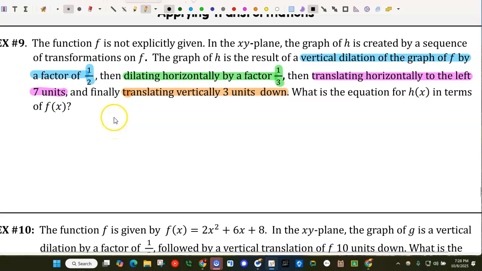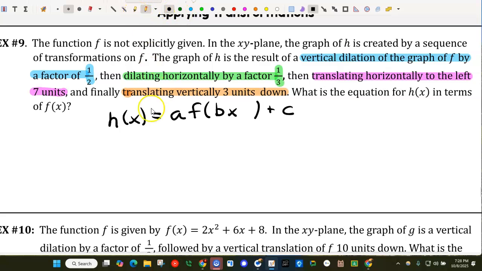So we have this h of x. That's what we're working with. And like that first problem, we had a and we had f of x. I think we had a b here, right? X. And then we had a c on the outside. So we had 3 things to find on the first one, but let's see what we got so far. So this vertical dilation by a factor of a half.